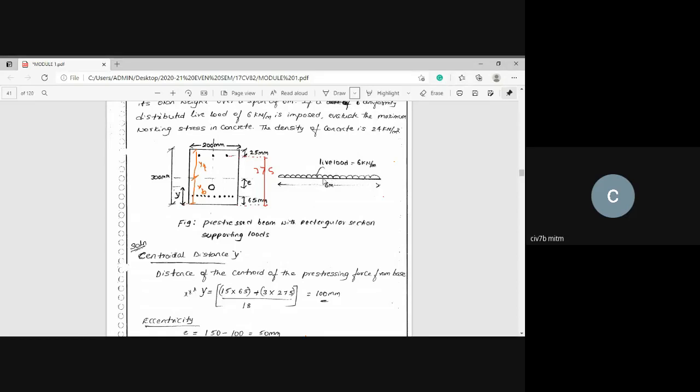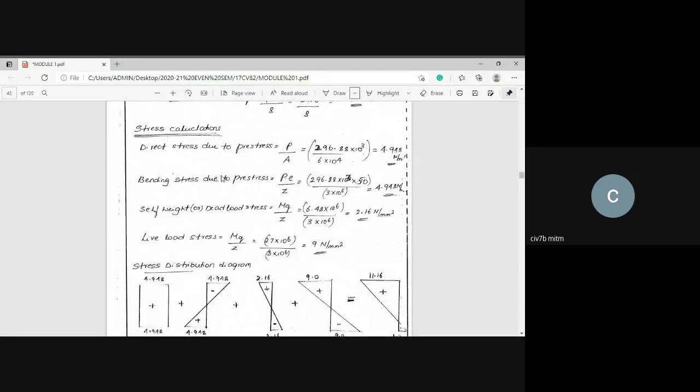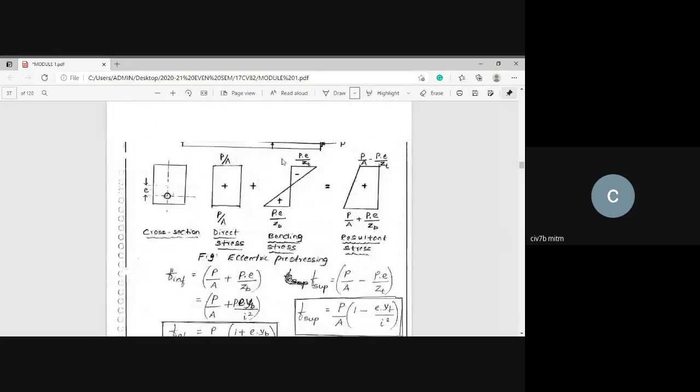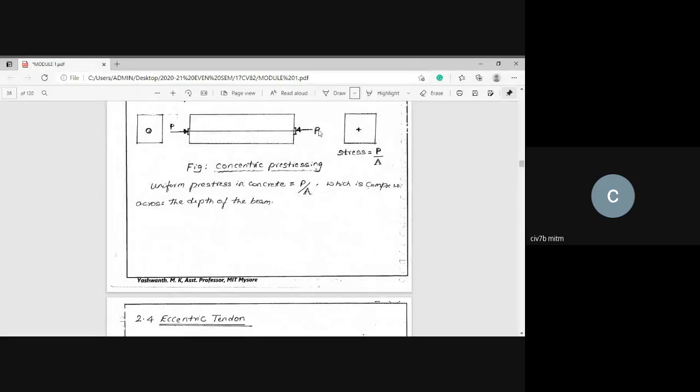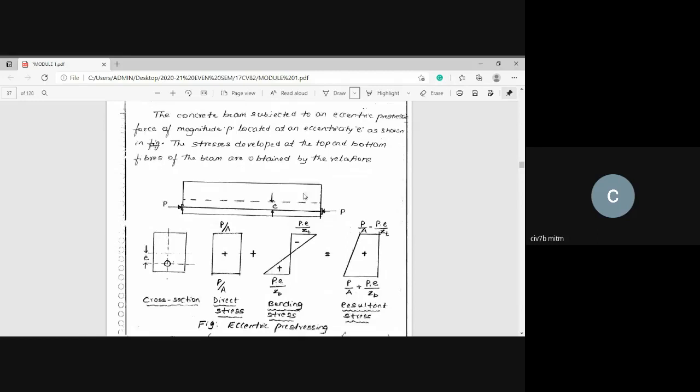The live load. So, coming to the formula, since the pre-stressing has been induced inside the concrete beam, as I told in yesterday's class, once the pre-stressing is induced inside the tendon in the concrete beam, the direct stress formula will become P by A. So the same formula I'm going to substitute here, that is P by A. Now please note down, the stress answer will always be in Newton per millimeter square.